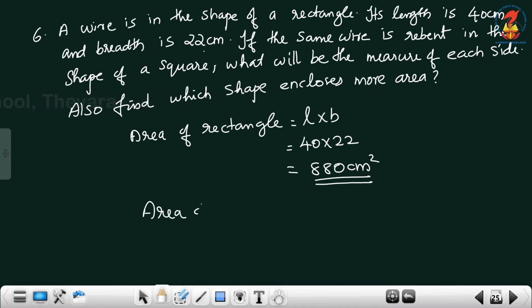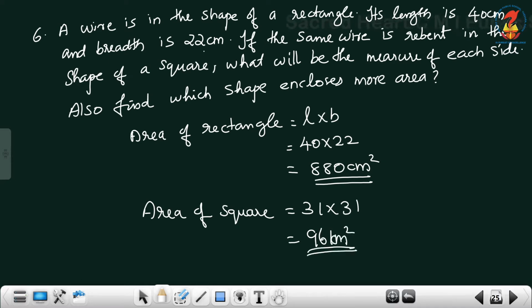Area of square equal to 31 into 31. 30 into 30 is 900, 31 into 31 is 961 centimeter square. Which shape encloses more area? This area of square, 961 centimeter square, is greater than 880 centimeter square.